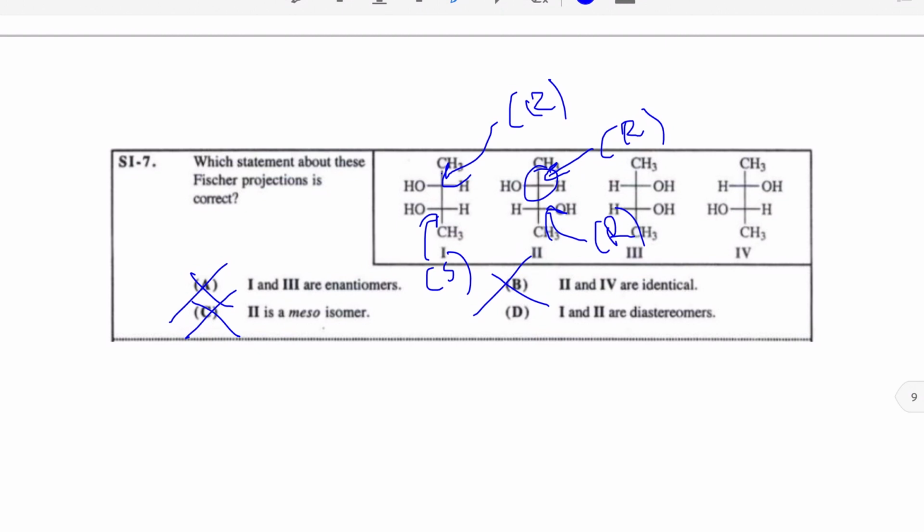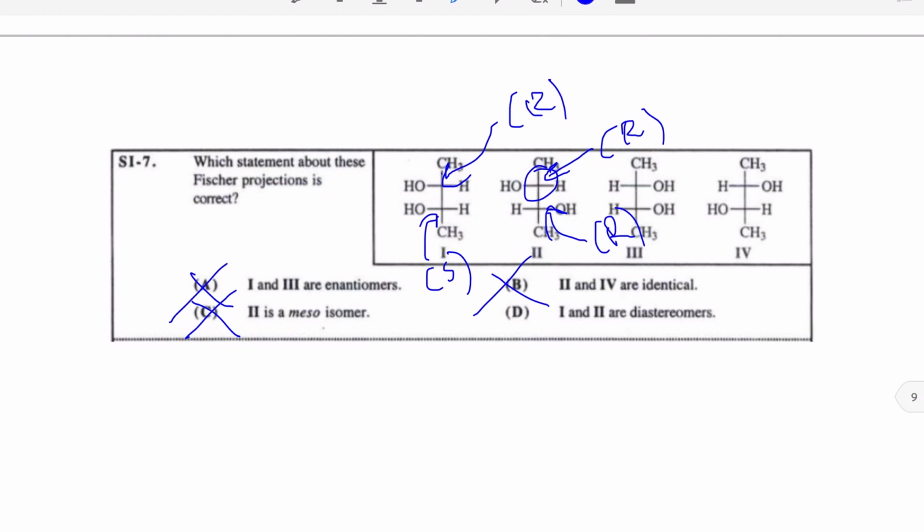So this is a strong indicator these two are indeed diastereomers, because for enantiomers, all of the stereocenters change their signs. They flip, right? So if you had an R in one, it should be an S in the other. But we find that this is not the case here.